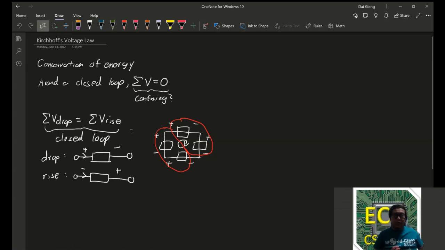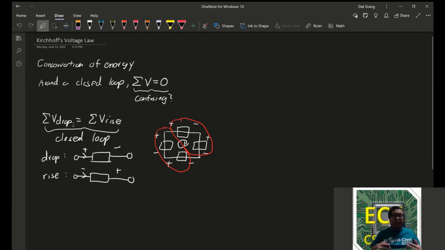Whenever you go through the problems, most likely you're going to be dealing with resistors, and it leads to being able to find whatever information you need to find. A few disadvantages of Kirchhoff's voltage law is that since it's a general form of circuit analysis, it is very tedious and very, very slow.